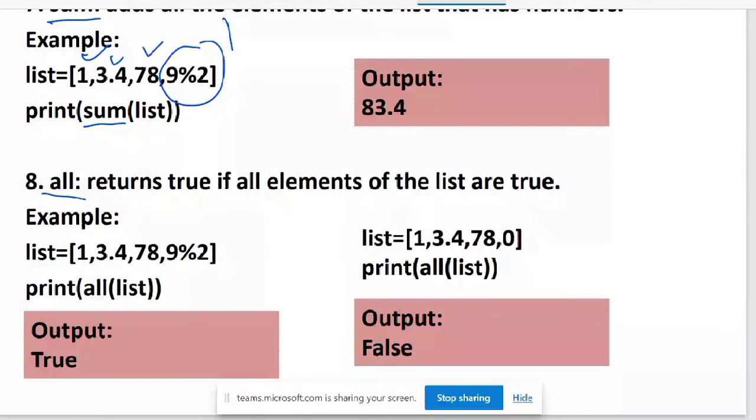You can see in the first example there is no zero, so it says true, but in the next example there is a zero in the list, so it says false, right? Okay, so I'll just show you this example execution.